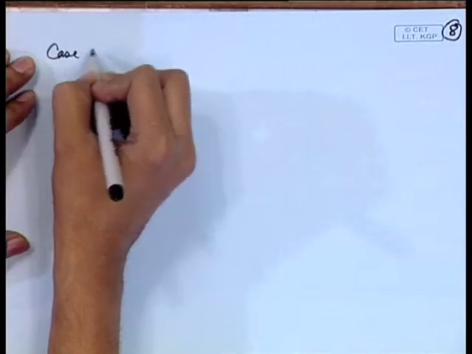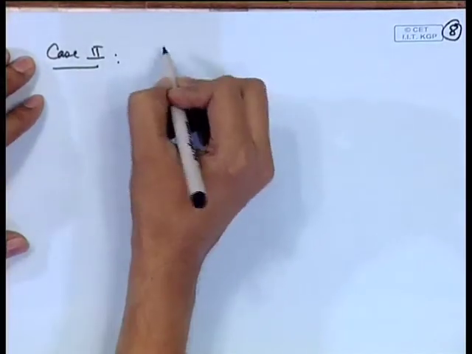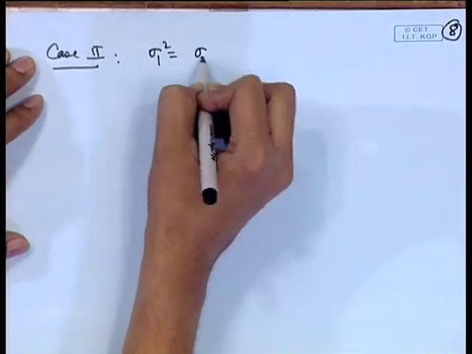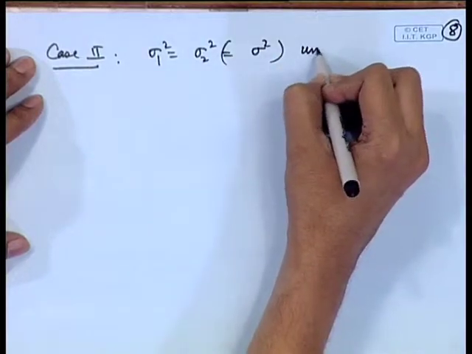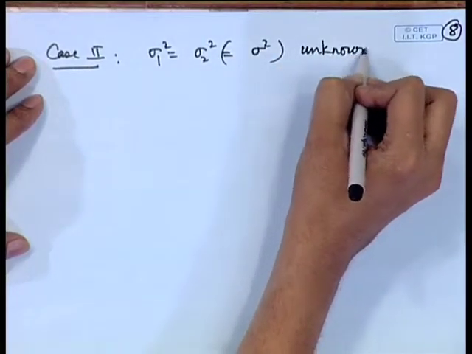So, we have case 2 when sigma 1 square is equal to sigma 2 square is equal to say sigma square, which is unknown. So, here we are assuming that the variances are not known, but they are known to be equal. This type of situation occurs in cases such as when we are measuring two different instruments using a certain device.